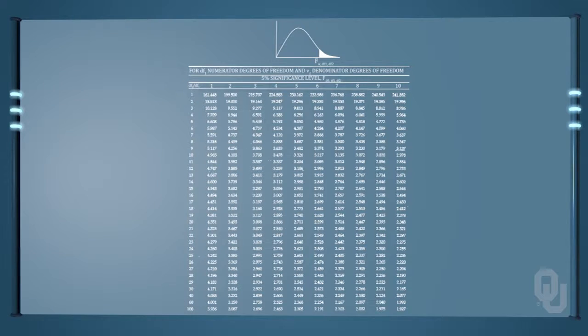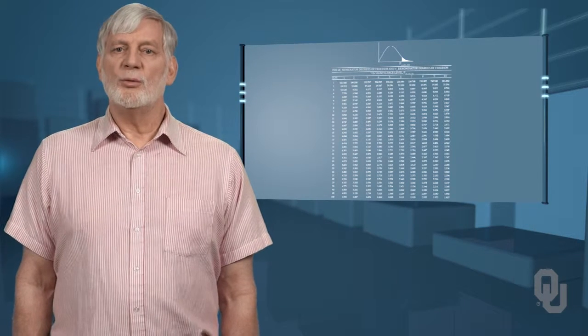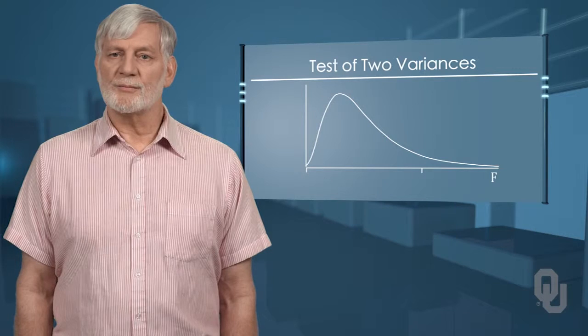The degrees of freedom in the numerator is N1 minus 1, where N1 is the sample size for group 1, and the degrees of freedom in the denominator is N2 minus 1, where N2 is the sample size for group 2. F alpha, dF1, dF2 will give the critical value in the upper end of the F distribution.